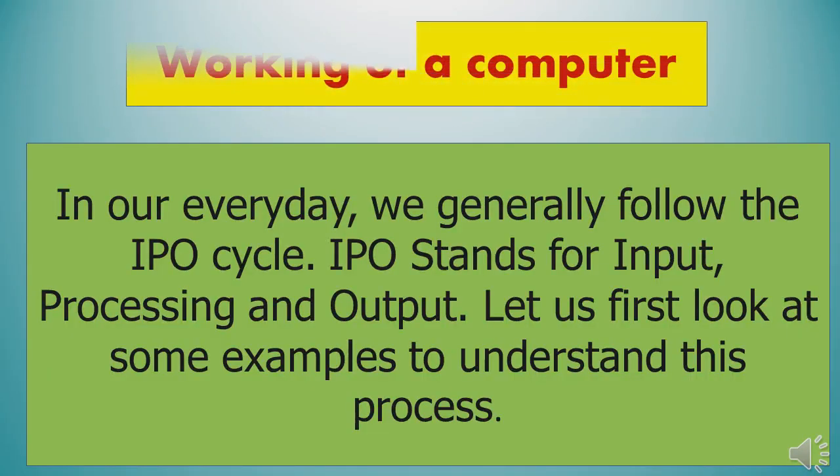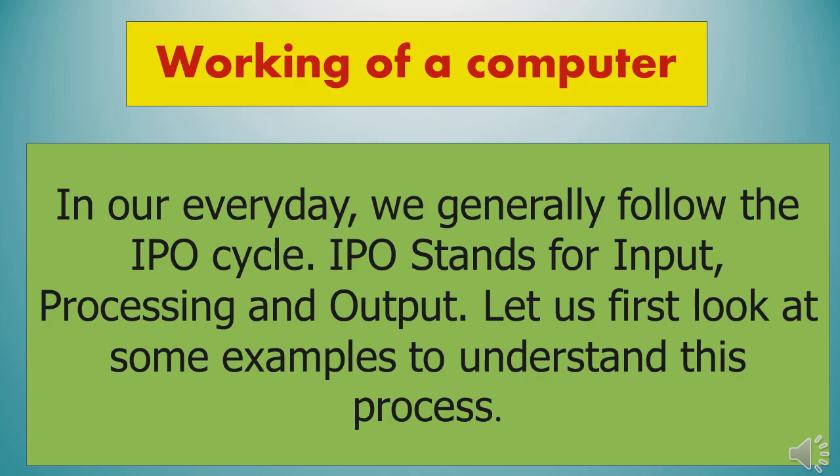Dear students, now take out your computer notebook and open worksheet about working of a computer. This worksheet is already pasted on your computer notebook. Let's start reading. In our everyday life, we generally follow the IPO cycle.